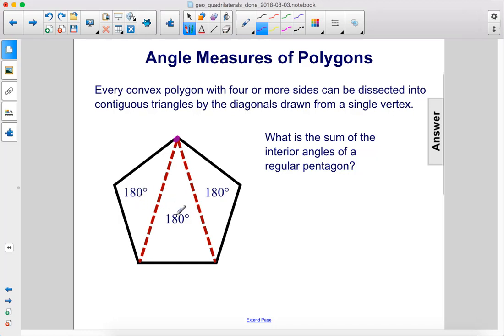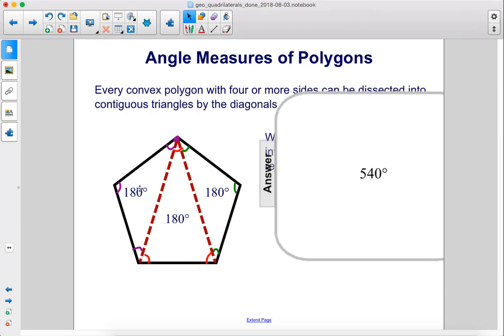Each triangle's angles add up to 180, so all you have to do is take 180 and multiply it by 3, and you get 540 degrees. All of these angles added together equal 540 degrees.